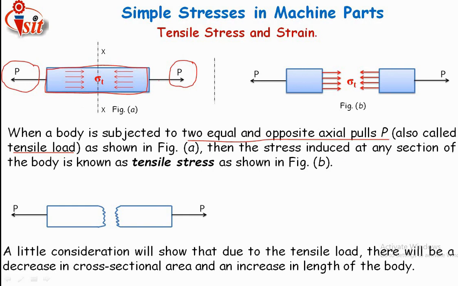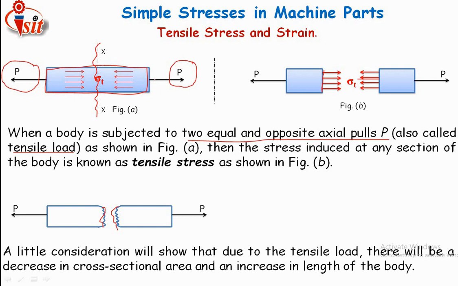Now when we are applying these tensile pulls on the body, there is a possibility of breaking this body at this axis. This is the axis of the body. There is a possibility of breaking of this member at this point. And here this is the internal force, which is the resistance offered by the body to the application of these tensile loads.